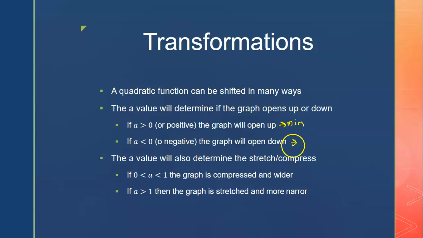It will also determine, much like an absolute value, if the graph is stretched or compressed. The rules are identical. If it's between 0 and 1, it's compressed. If it's greater than 1, it is stretched. So the rules for the a value in stretching and compressing for quadratics is the same as they were for absolute values.